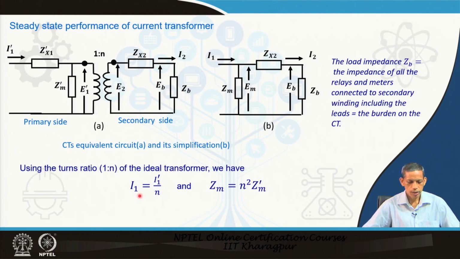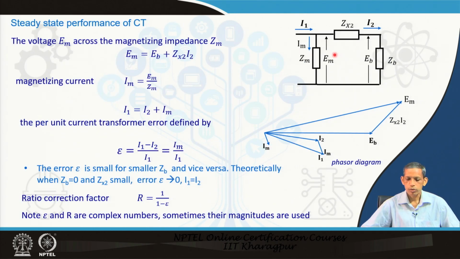Now, here I1 equals I1 dash upon n, where n is the number of turns in the secondary, and Zm equals n square Zm dash, and so on. So, we consider everything in terms of this, and we get this equivalent of the primary and secondary with everything referred to the secondary side. Now, with this we see that the input current I1, which is the conductor current referred to the secondary, has two components: one goes to the secondary winding, and one component is the magnetizing component for the CT.